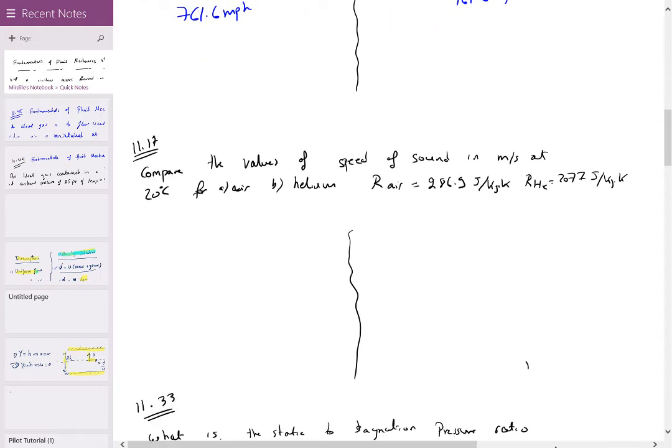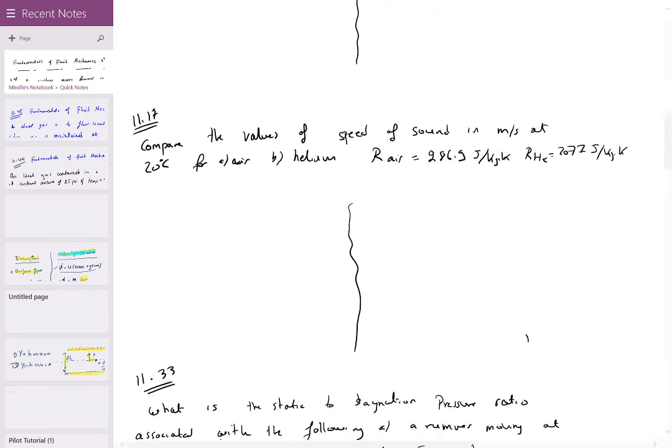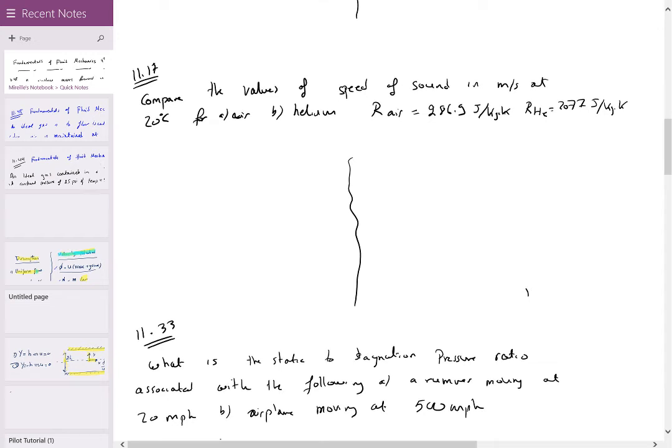Now, again, another direct substitution problem. Compare the values of speed of sound in meters per second at 20 degrees centigrade for air and helium. We're given the gas constant for air, 286.9 joules per kilogram Kelvin, and for helium, 2077 joules per kilogram Kelvin.